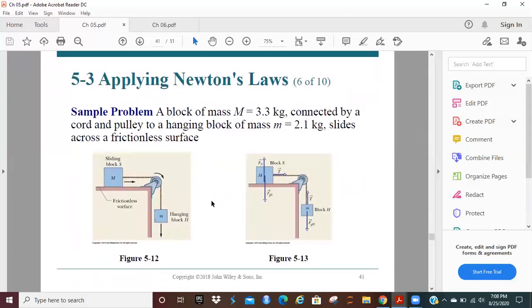All right, so we got a sample problem here. We've got a block of mass 3.3 kilograms. It's connected to a cord and pulley to a hanging block of mass 2.1 kilograms. And again, we have our magical frictionless surface here.